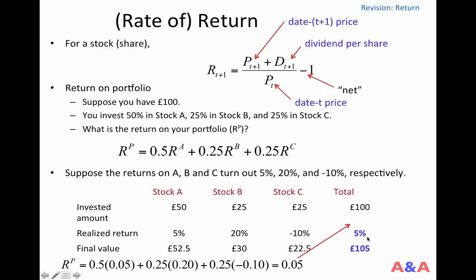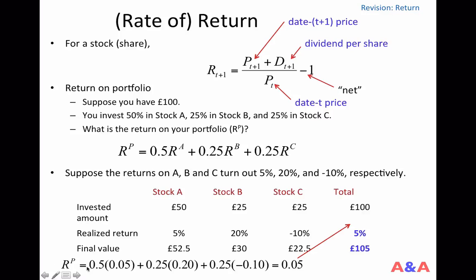Okay? Now let's check that we can get the same number using this formula for the return on a portfolio. According to this formula, the return on a portfolio is just the weighted average of the returns of individual assets where the weights are the portfolio weights.